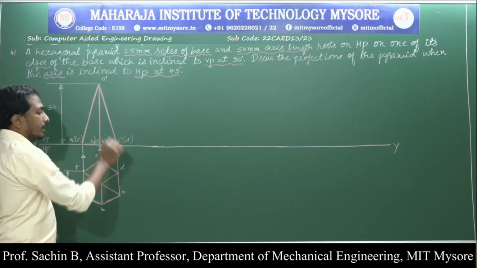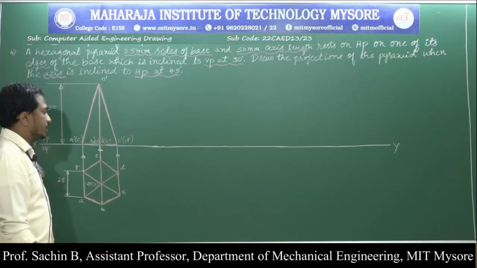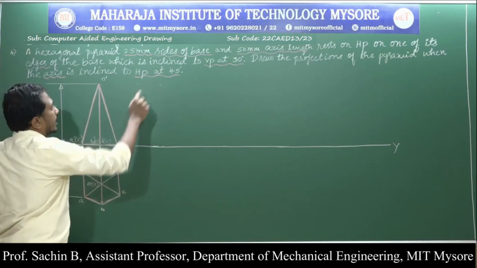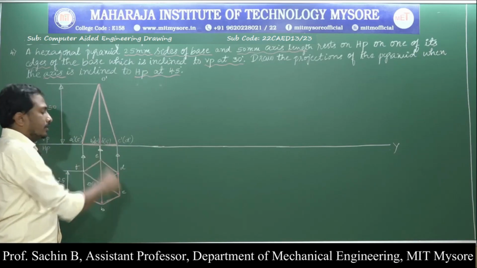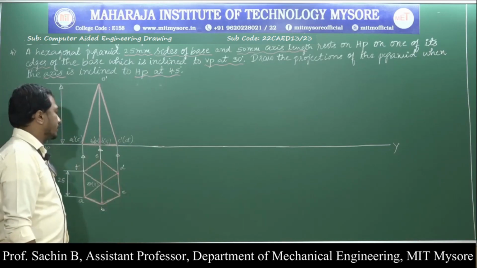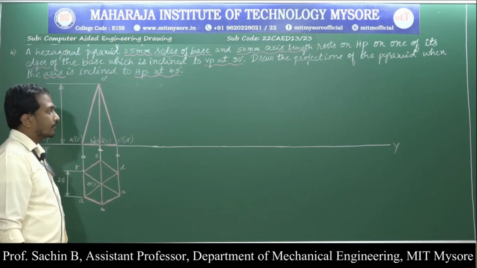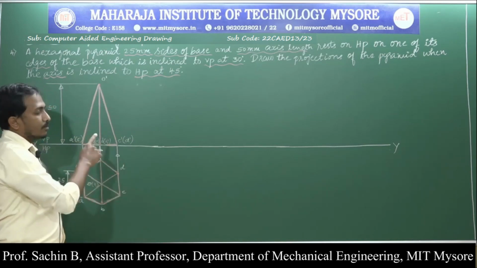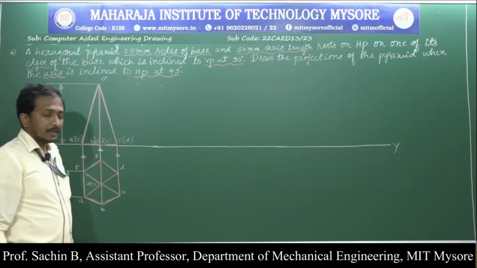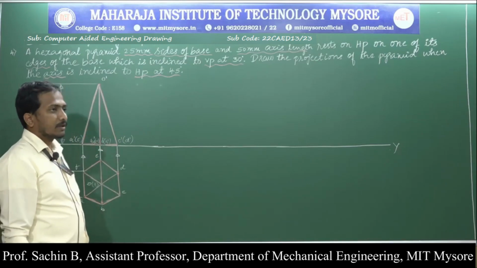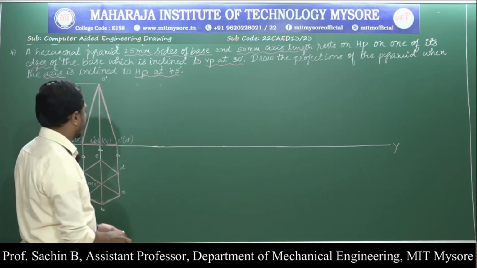The given axis inclination is about 45 degree, but we know that it is inclined to the base at an angle of 90 degree. Now I am going to subtract the given angle from this 90 degree angle. 90 minus 45, again we are going to get 45 degree.